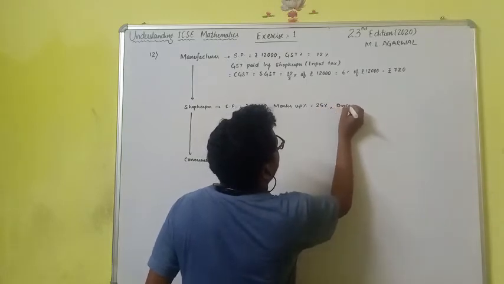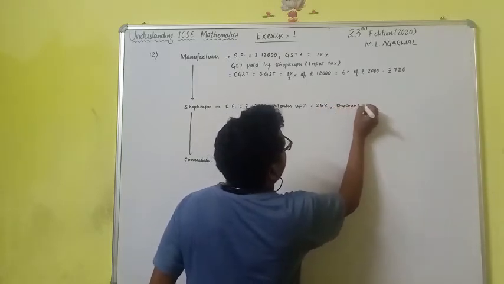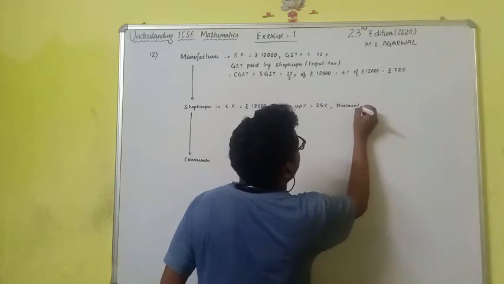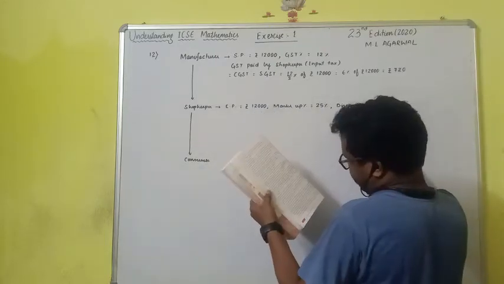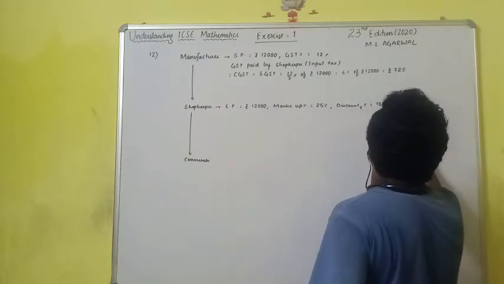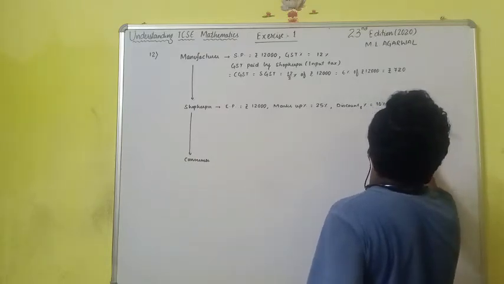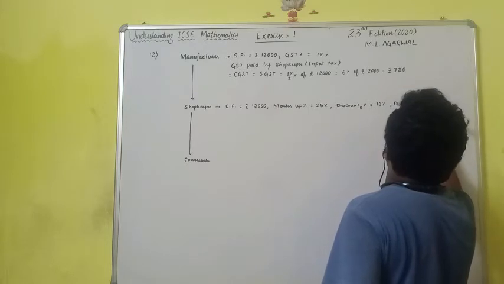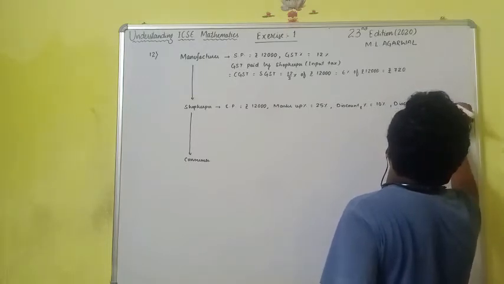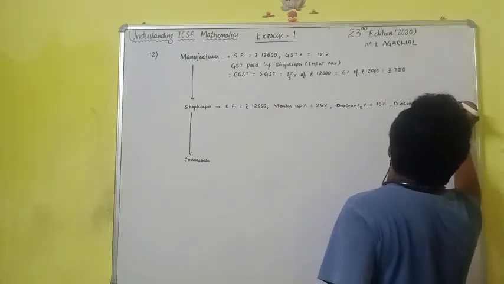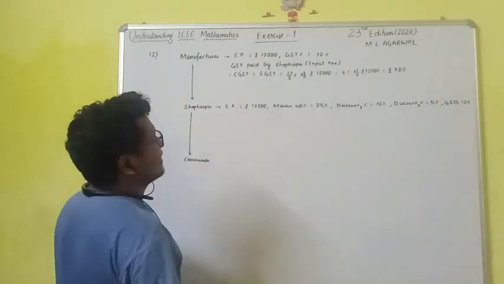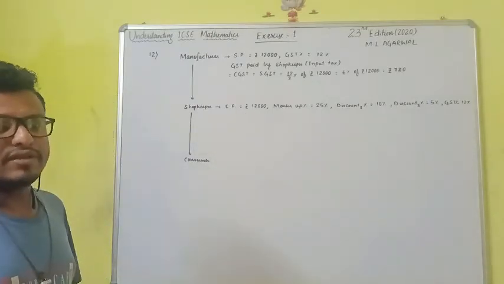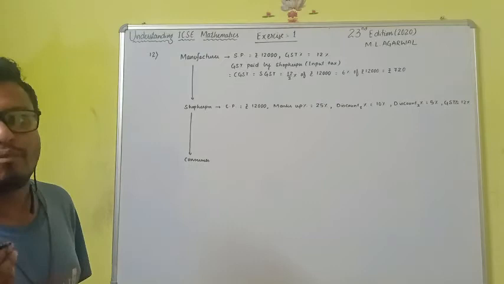First we give discounts, two discounts are given: discount 1 is 10%, then again the off-season discount, discount 2 is 5%, and the rate of GST is equal to 12%. So what will be the selling price of the TV? First you have to find out the marked price.